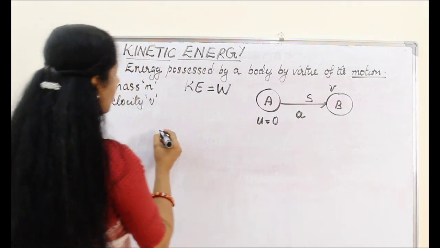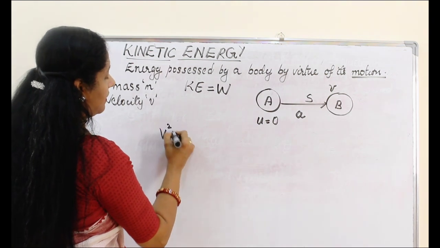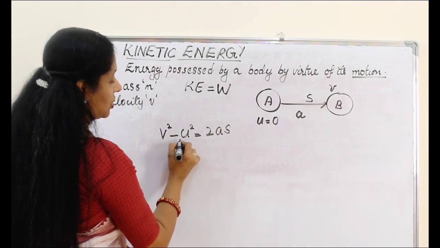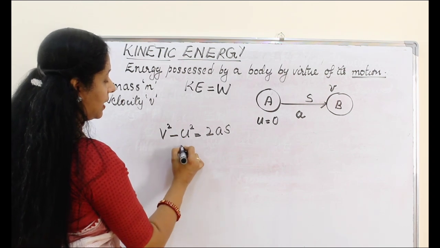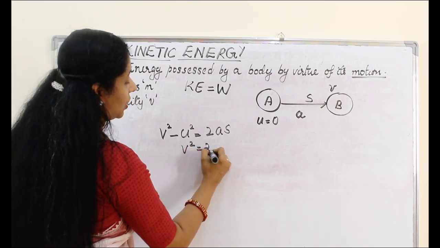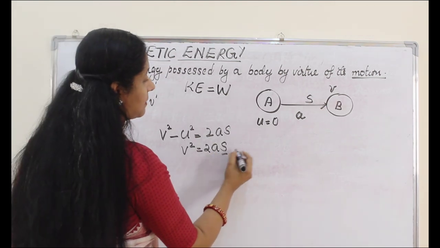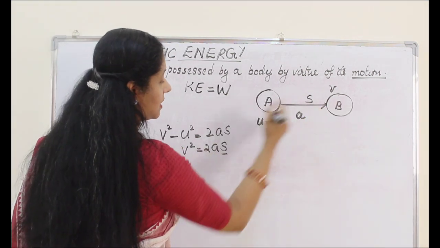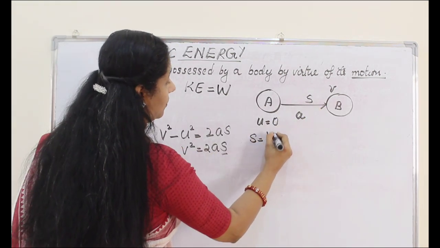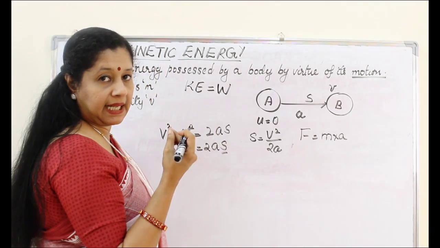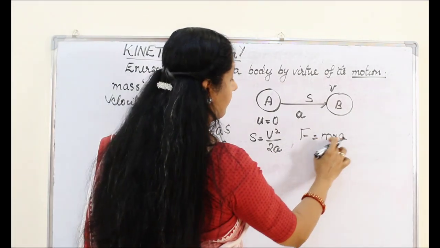So now according to the law of motion we have the equation v square minus u square is equal to 2as. Here u is 0, so v square is equal to 2as. So the displacement s is equal to v square by 2a. According to Newton's second law of motion, force is equal to m into a.